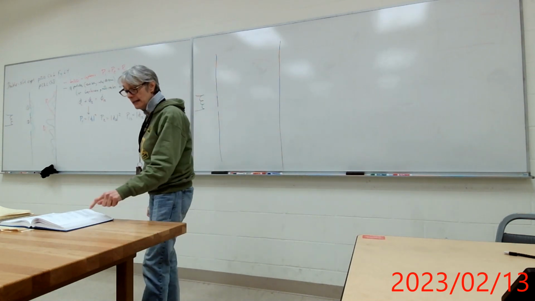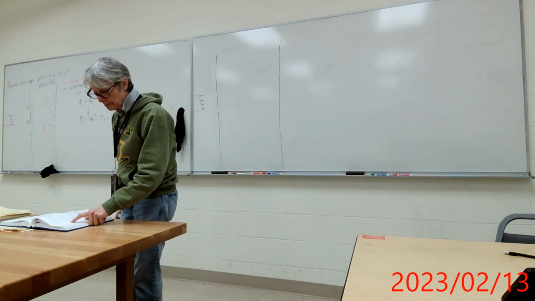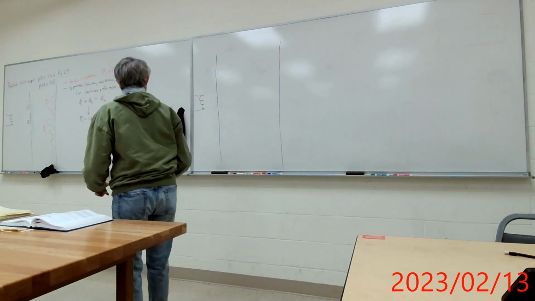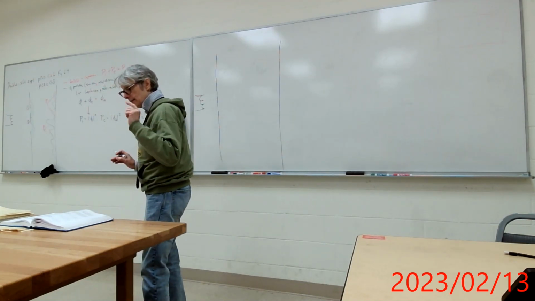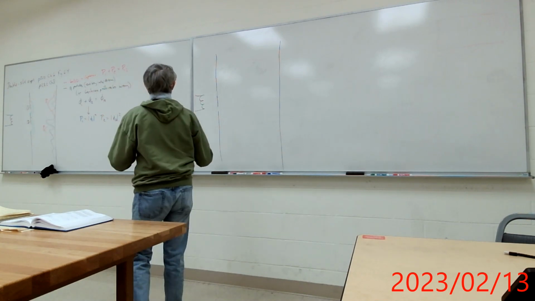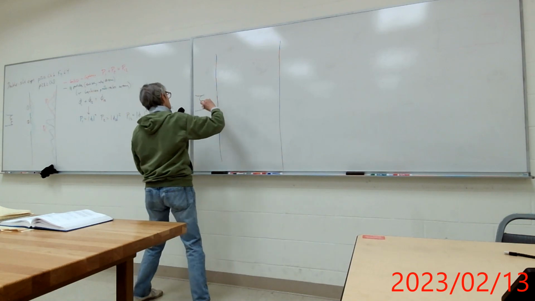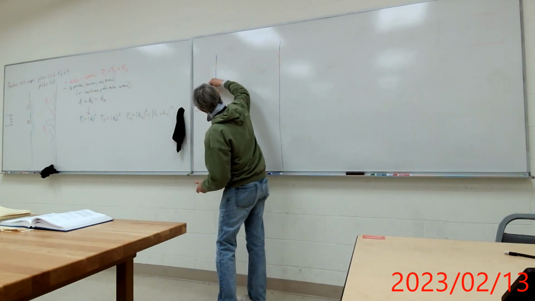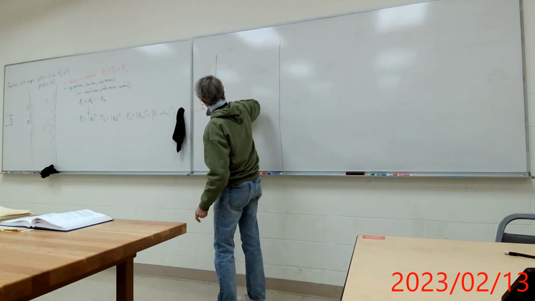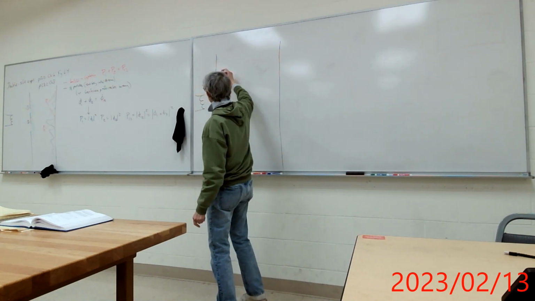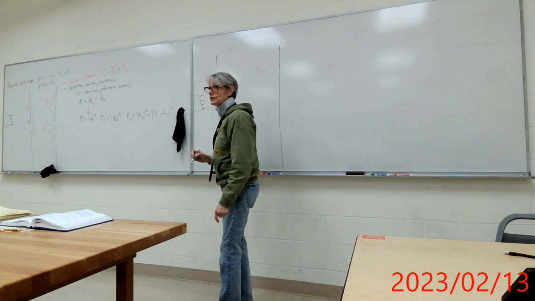As Townsend points out on page 282, one way of understanding this is, and I'm going to use a slightly different notation from what he does, I'm going to call this one the right-hand side and this one the left-hand side. So instead of calling them slit 1 and slit 2, I'm going to call this screen 1 and this the left and this the right.